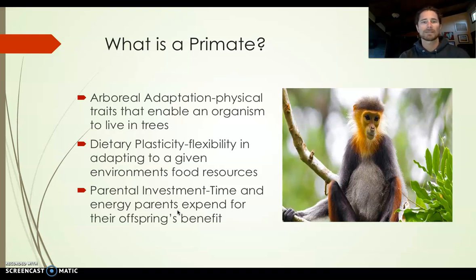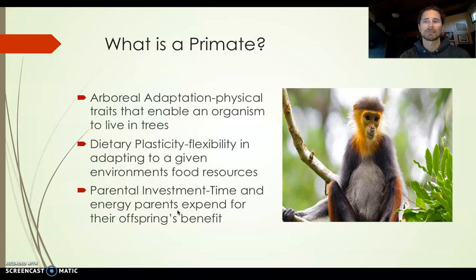The other thing that primates definitely have is something called dietary plasticity, which is flexibility in adapting to a given environment's food resources. And what that means is humans specifically have probably the most plasticity within our diets.